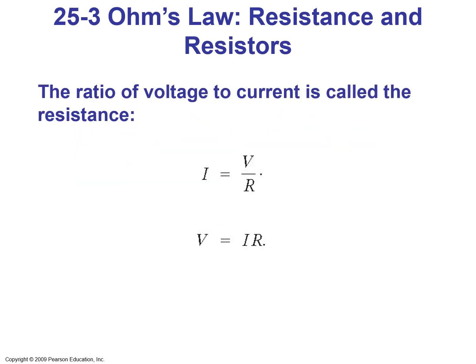The ratio of voltage to current is called the resistance. So V over I is called R, or resistance, or we can say I is equal to V over R, or alternatively the voltage is equal to current I multiplied by resistance R.